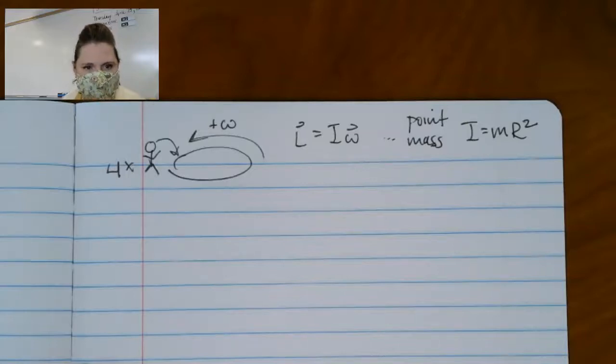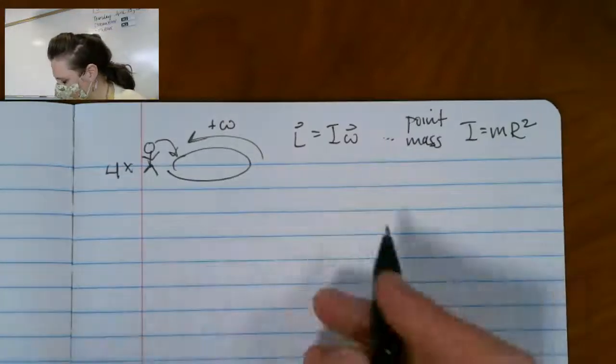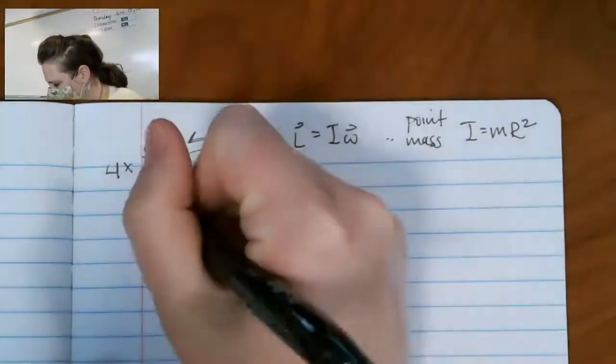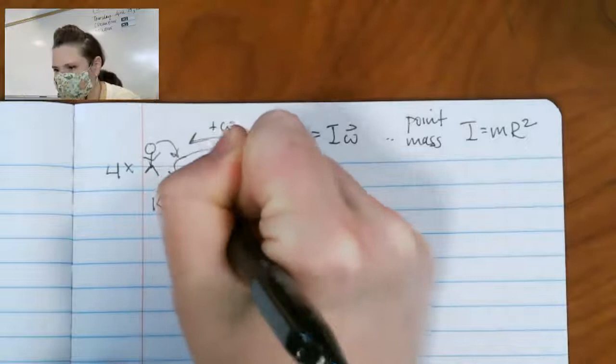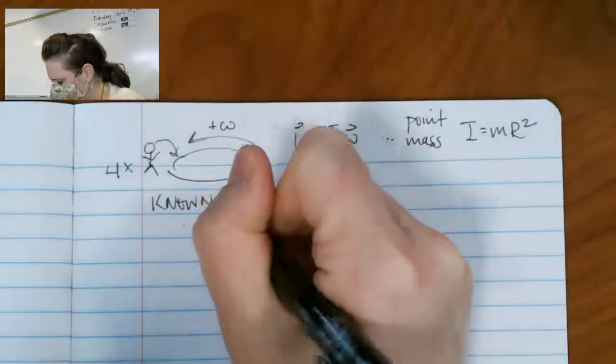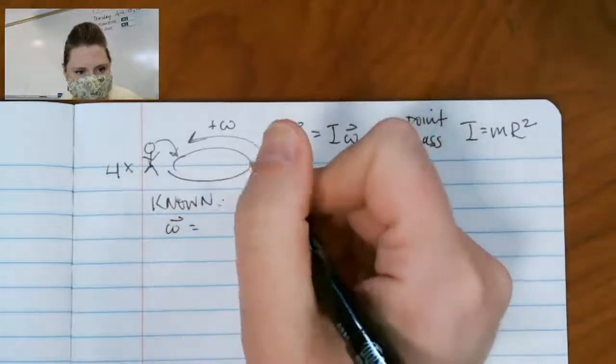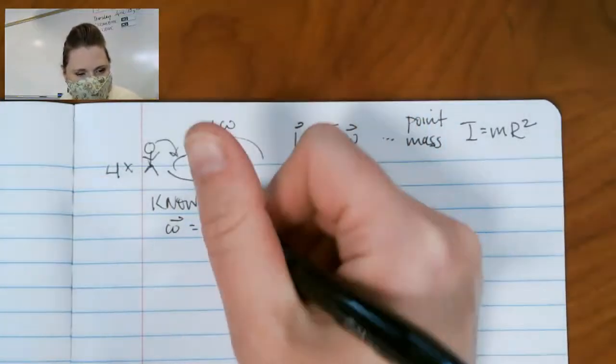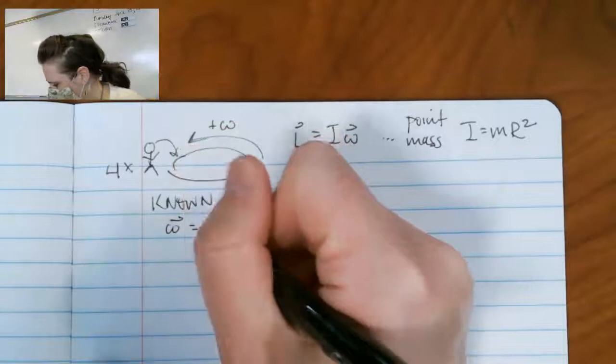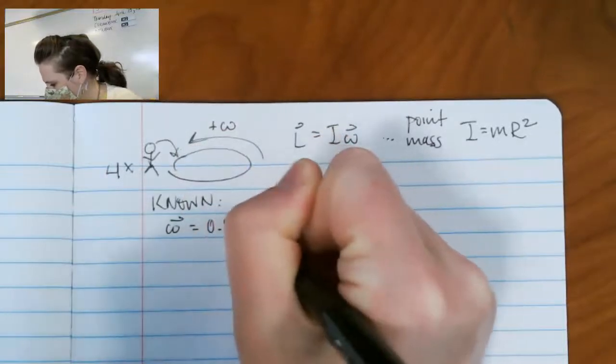Some of the known values in our problem: the angular velocity is given to us as 0.8 radians per second.